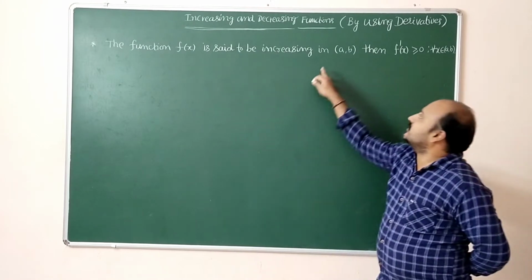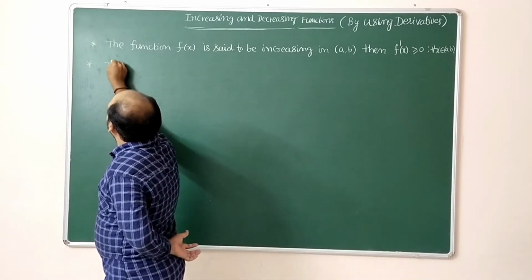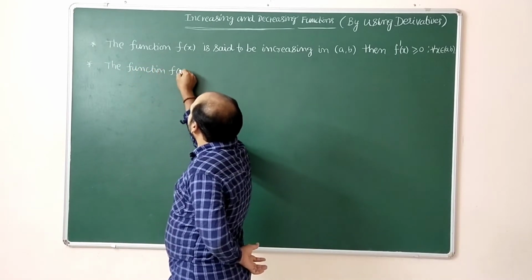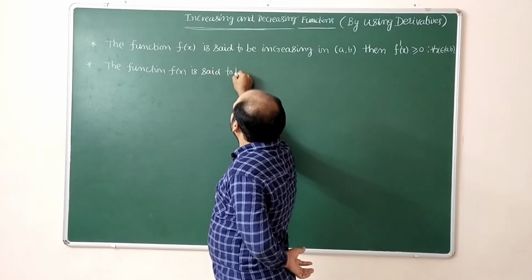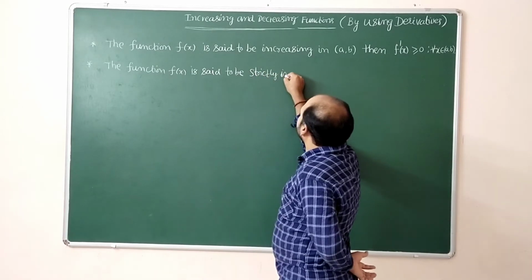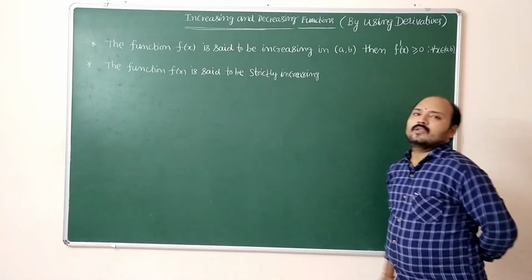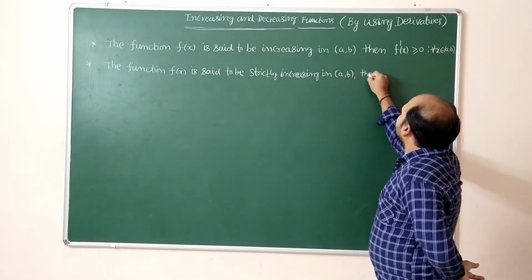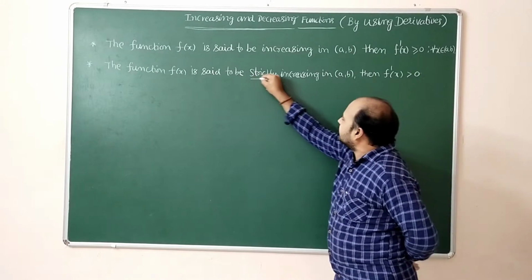Now we are going to define strictly increasing. The function f of x is said to be strictly increasing in open interval of a comma b, then f dash of x is greater than 0 whenever strictly increasing.